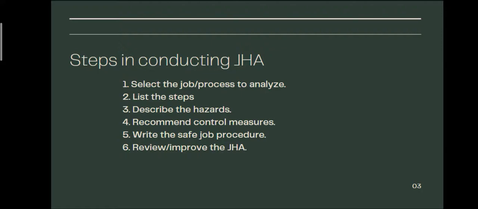In step 4, in recommending control measures, you must use the following as a guide. Safer way to do the job, describe each step, be specific, don't use generalizations like be careful. Equipment changes or engineering control are the first choice because they can eliminate the hazard.